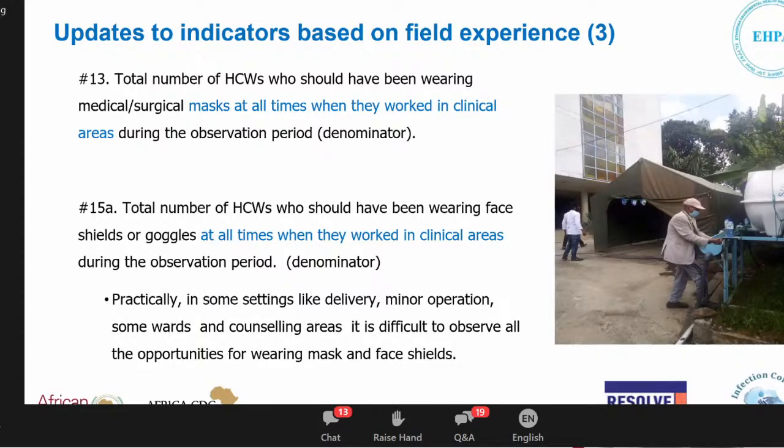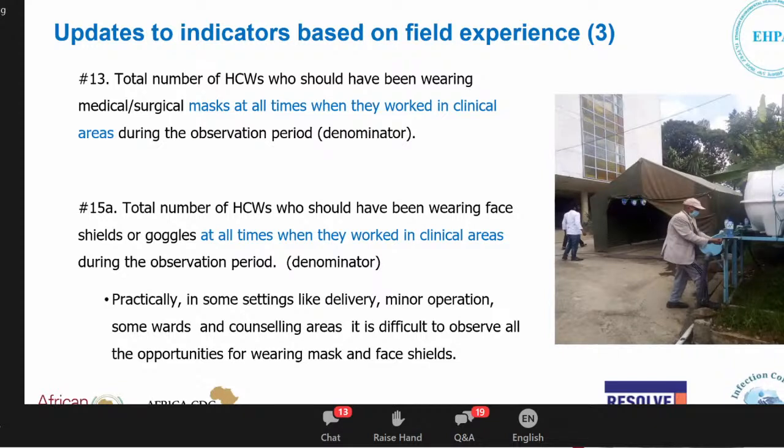At least 50 observations are recommended to avoid bias. But it says clinical areas. In some of the clinical areas, it's not allowed for the monitors to enter, like deliveries and surgeries and different areas of the clinical setup. So this may be one of our challenges.